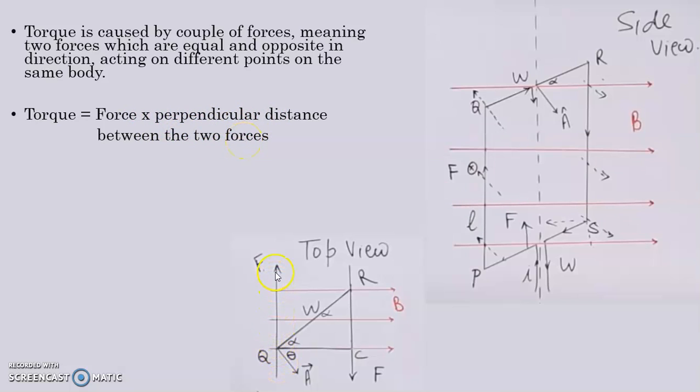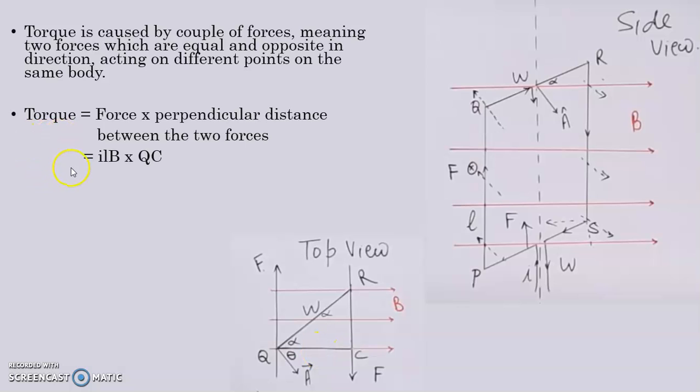This is the direction of force on PQ and this is the direction of force on RS. The force on these conductors is IBL. We have derived this already. And the perpendicular distance between these two forces is QC. Over here, QR is the conductor with length W, and QC is the perpendicular distance between the two forces on PQ and RS, which causes torque.